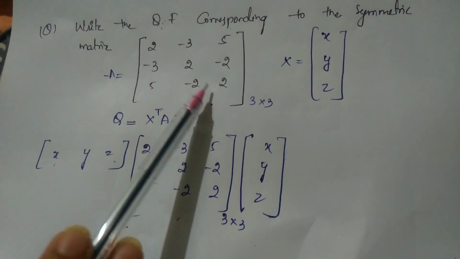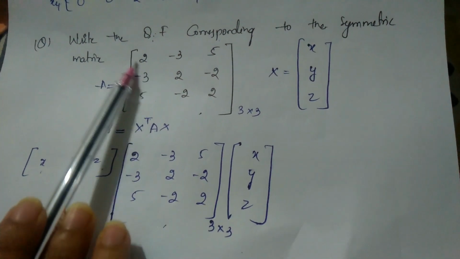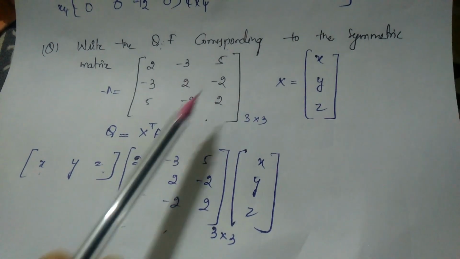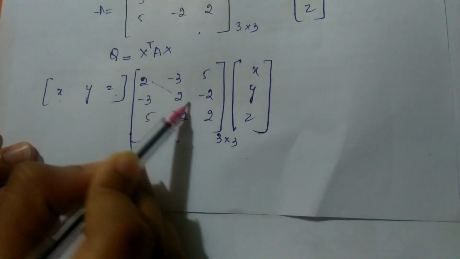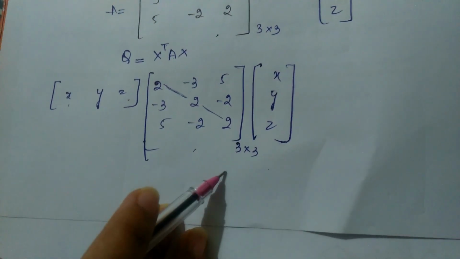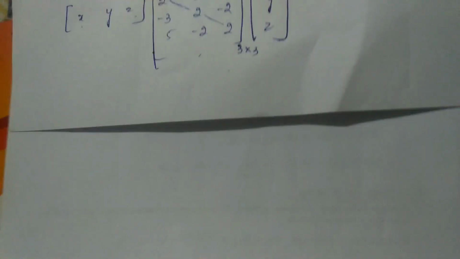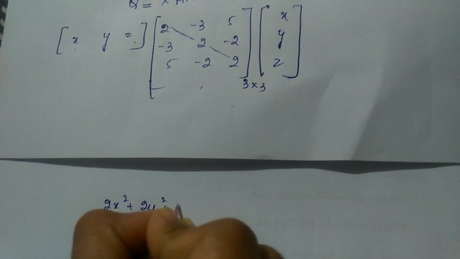You can write it in an easy way. The diagonal entries are the coefficients of x square, y square and z square respectively. First write those: 2x square plus 2y square plus 2z square.